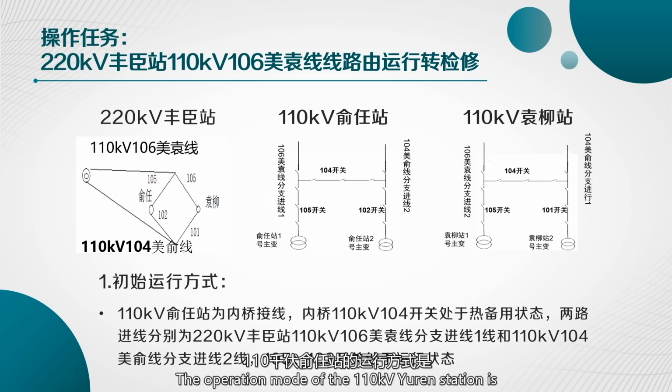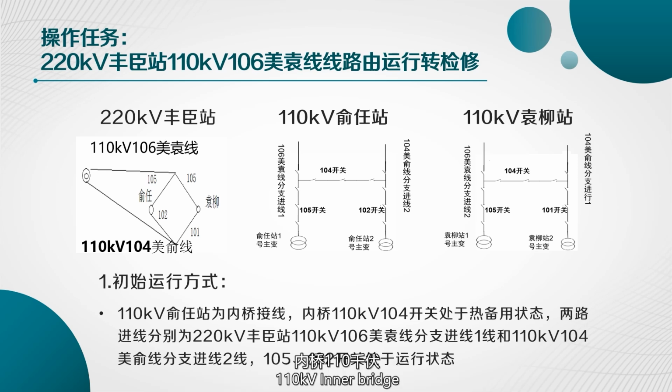The second substation is the 110 kV 渔人 station. Its wiring form is internal bridge wiring, and the 110 kV inner bridge 104 switch is in the hot standby state.